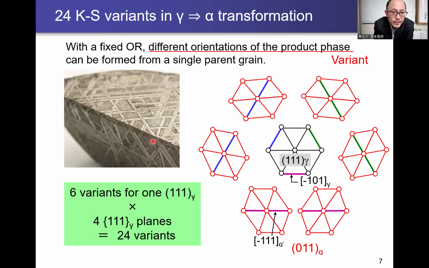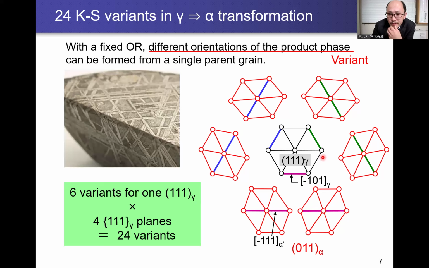Then as shown in the first slide, multiple orientations of BCC phase form in a single austenite grain, as shown in this meteorite picture. So in this schematic, those two BCC crystals satisfy KS orientation relationship, as represented by this pink bar.